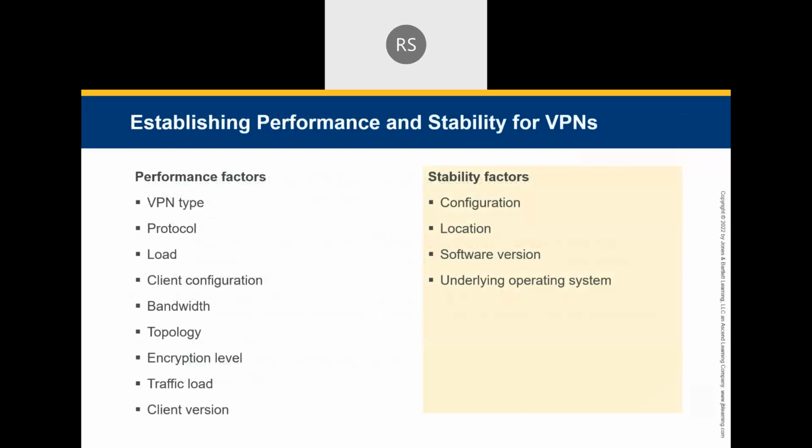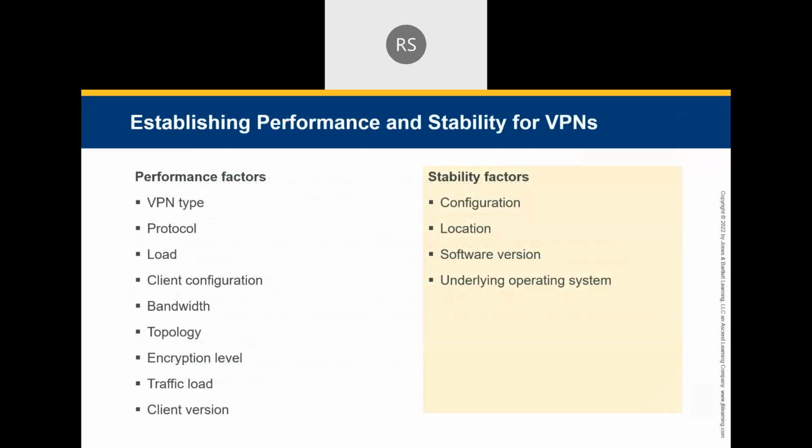Now, performance and stability are key considerations when implementing VPNs. So we look at some factors that affect both of these aspects. On the performance factors, the type of VPN being used, whether it's hardware based or software based or a specific protocol, will influence the performance. The choice of VPN protocol impacts performance.